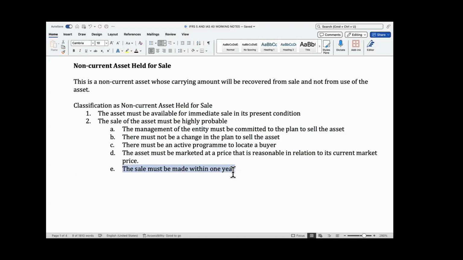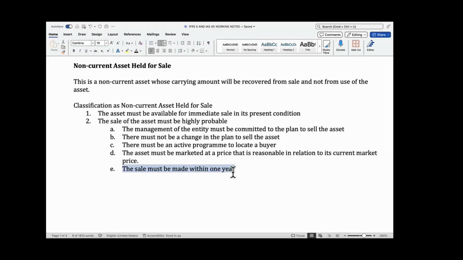So what happens if you're unable to sell it within 1 year? Ideally, we expect that you should reclassify the asset back to where it's coming from, meaning as a normal non-current asset.